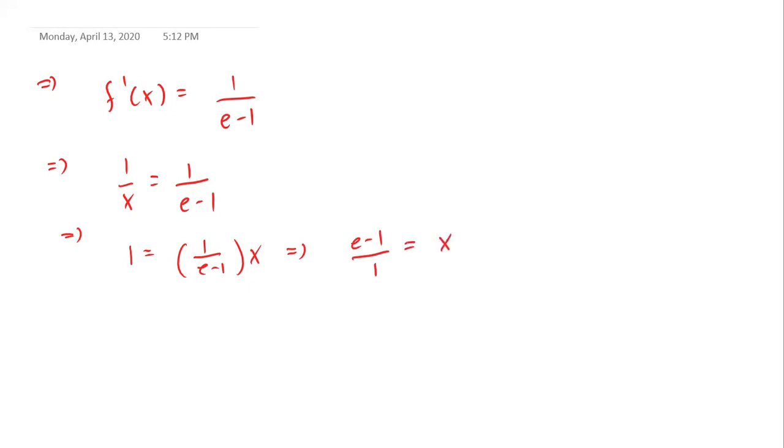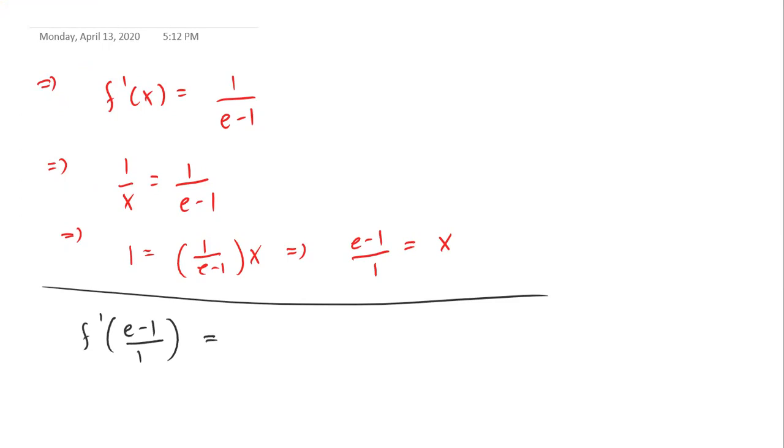And that's the answer. So again, what is this saying? If you evaluate f prime at x, which was e minus 1 over 1, this should be equal to the slope of the secant line, or f of e minus f of 1 over e minus 1. Okay.